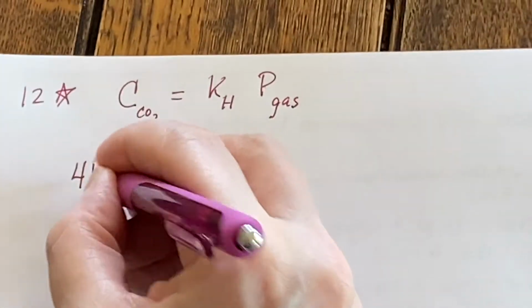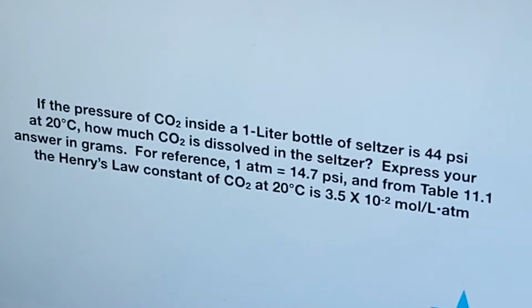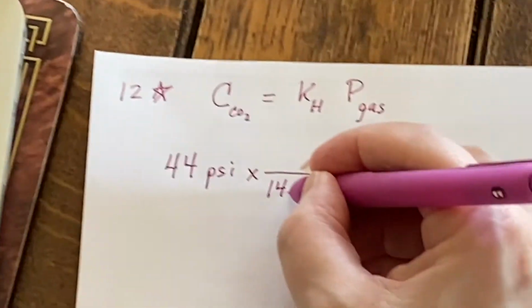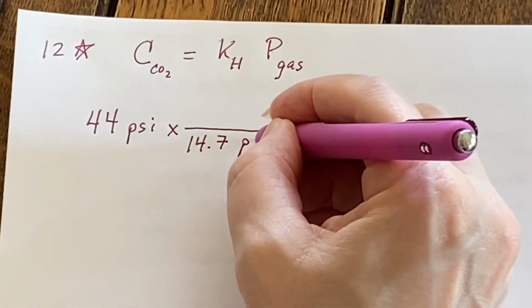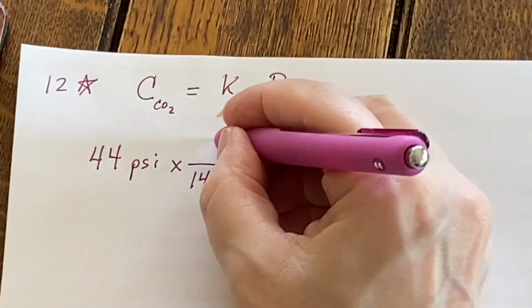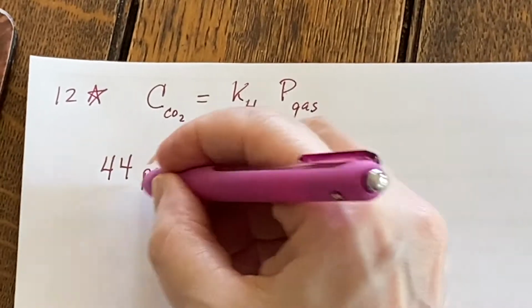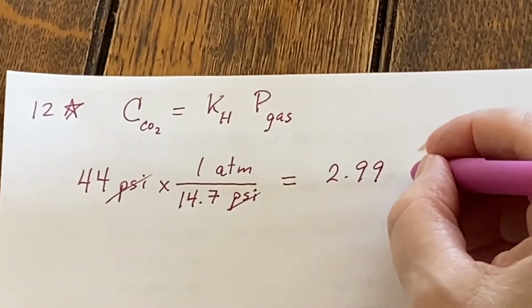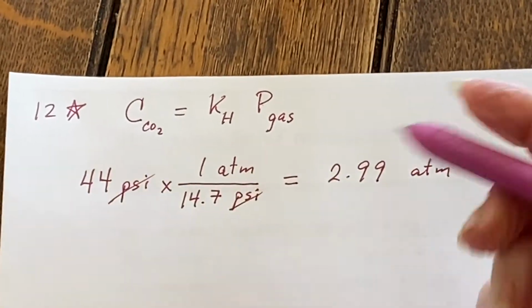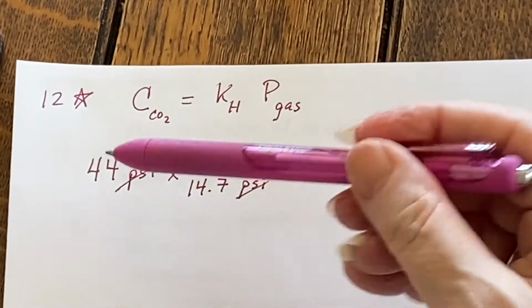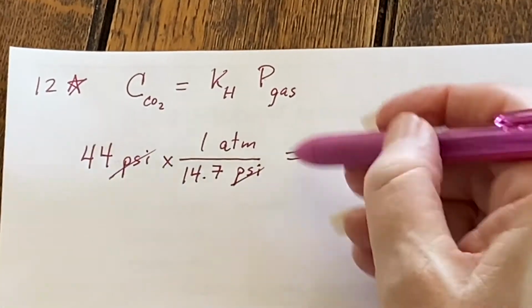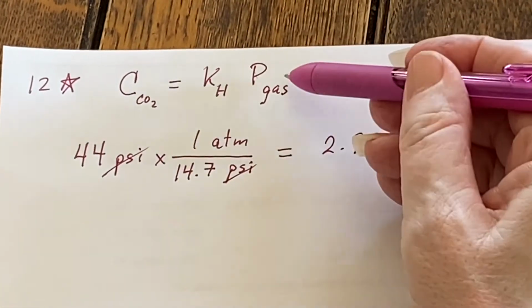So 44 psi, I will multiply this, and I will put the pounds per square inch on the bottom so it'll cancel out, and I'll put the atmospheres on top. So there we go. Now it's going to be 2.99 atmospheres. Maybe I should have done 3, but I'll keep the extra sig figs and round back at the end. So there's the pressure that I'll be using right here.